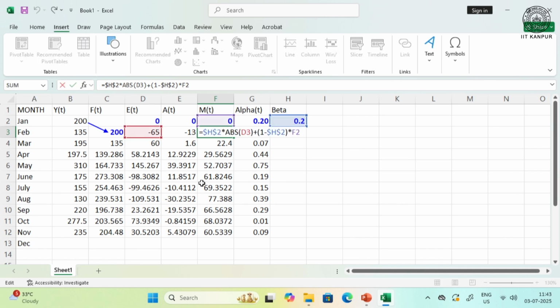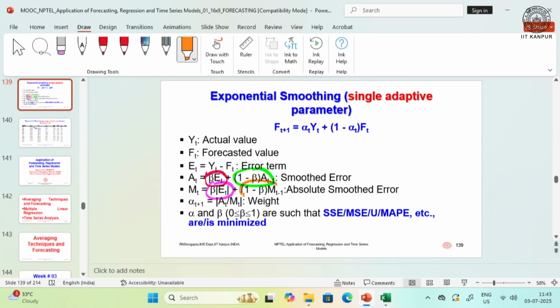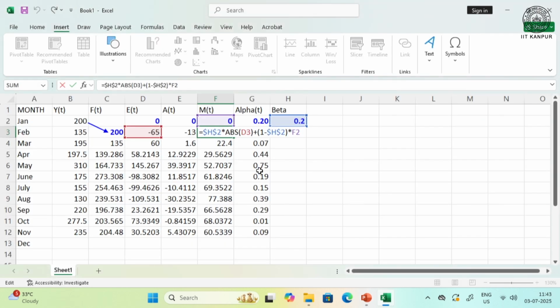And the next value is 1 minus beta into F2. F2 is basically the value which I will again mark using a different color, say for example orange, which is 1 minus beta into MT minus 1. So, MT minus 1 is 0.